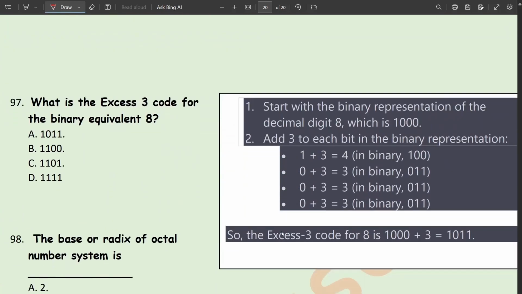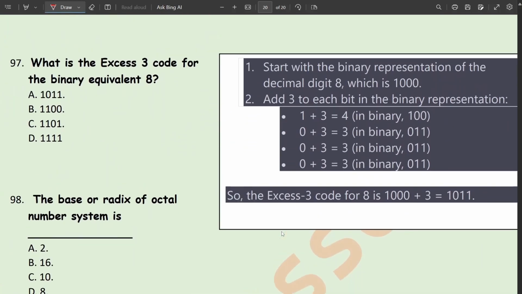Next, what is the XS3 code for the binary equivalent of 8? So here you can see, start with the binary representation, decimal digit 8 is 1000, this is the binary code of 8.